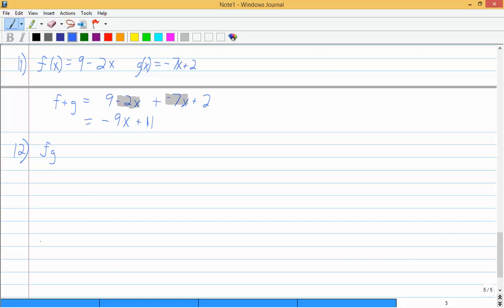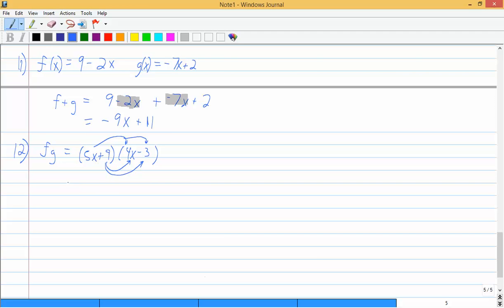Alright, so f times g. So f of x here is equal to 5x plus 9, and g of x is equal to 4x minus 3. So FOIL that out, multiply this term times both of these terms, and then multiply this term times both of these terms.